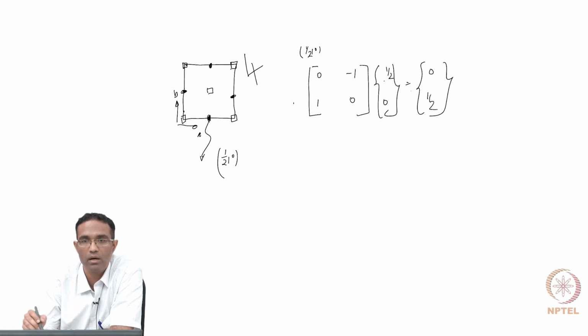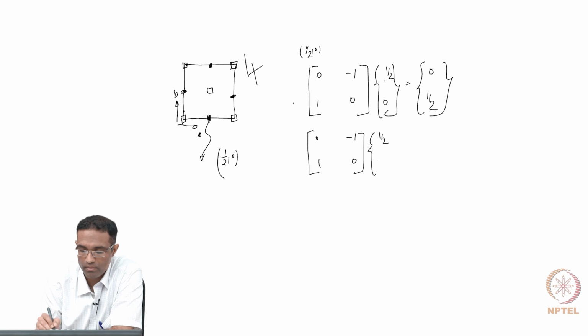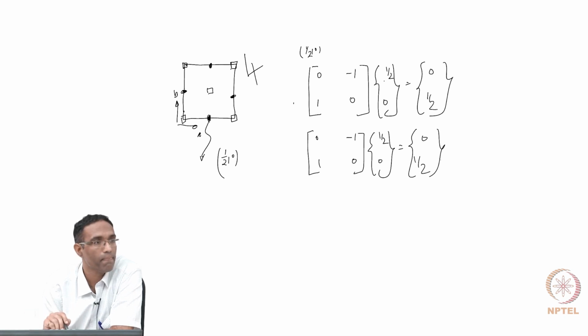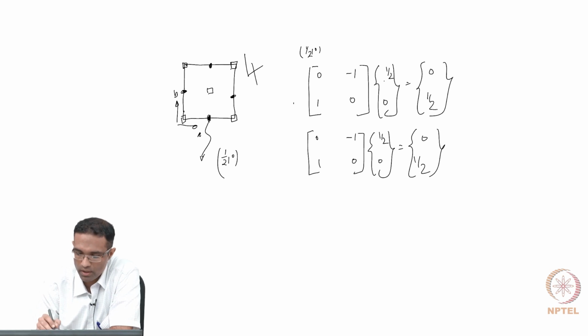Now, you perform a fourfold rotation on 0, half, and you get minus half and 0.